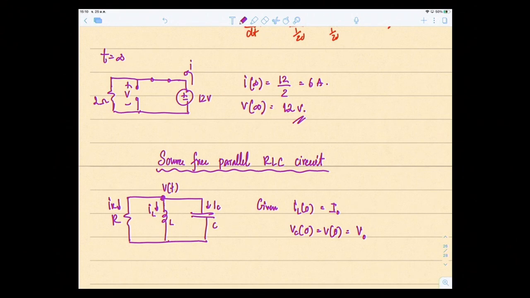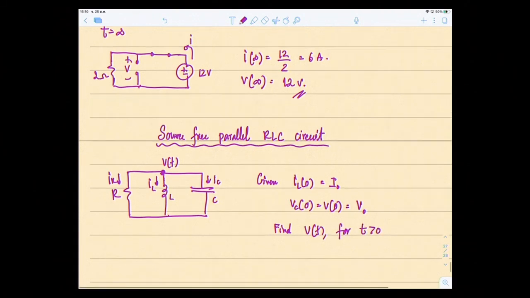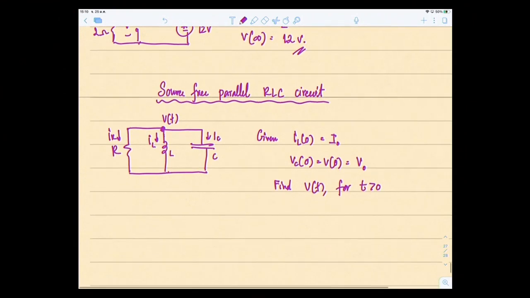We want to find V of t for t greater than 0, when we have an RLC source-free circuit. Having things in parallel, there are different currents going through each branch. So we're going to start off with our KCL at node V of t. So it is IR plus IL plus IC equal to 0.